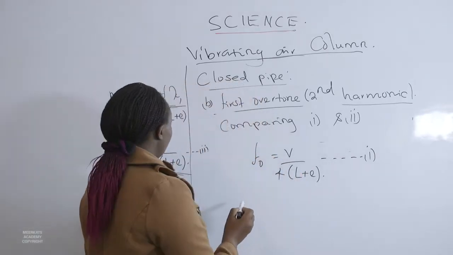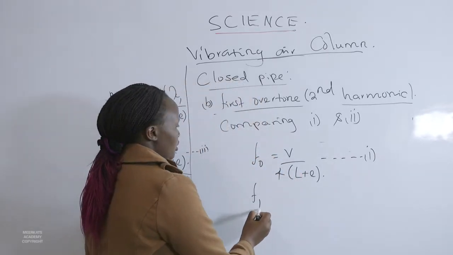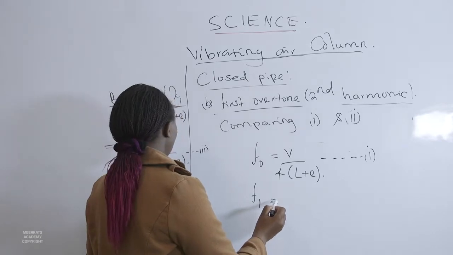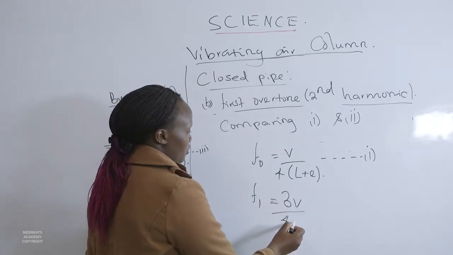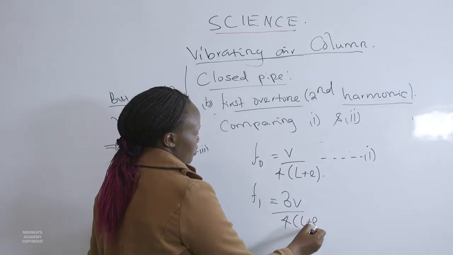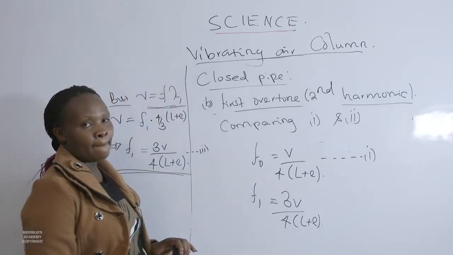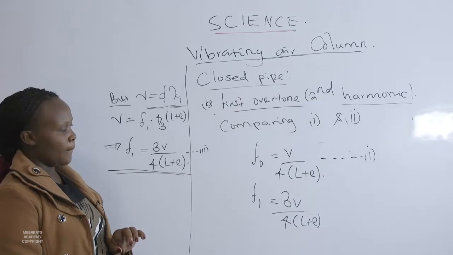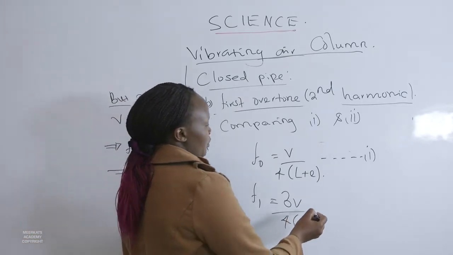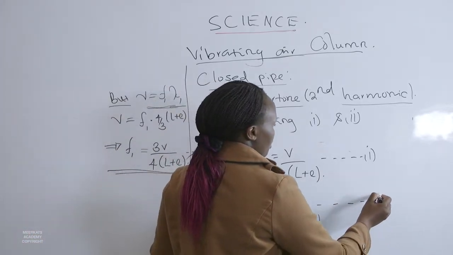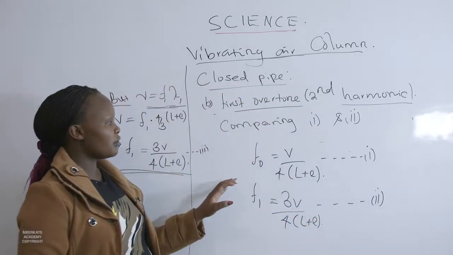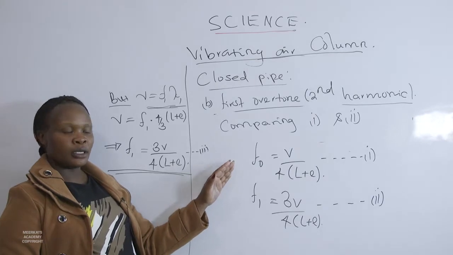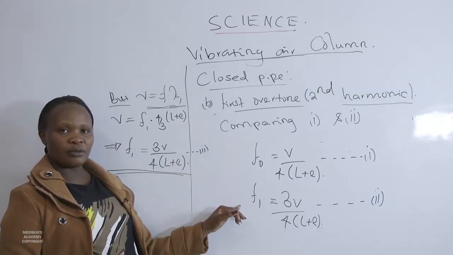Then we have F1, which is equal to 3V over 4 into L plus E. We call this one equation 2. This one is the first harmonic. This one is the second harmonic.